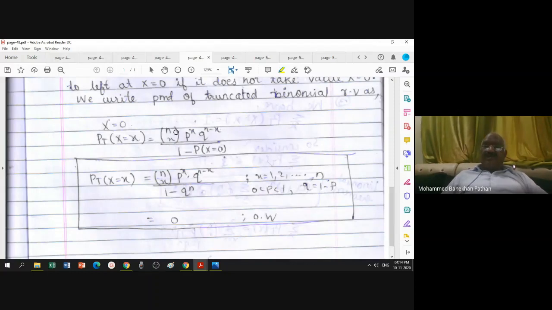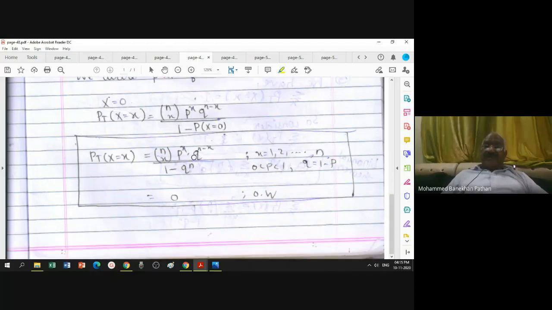In the numerator, replace x with 0. So nC0 is 1, p raised to 0 is 1, q raised to n minus 0 is q raised to n. So my formula for the truncated binomial distribution is P_T(X = x) = nCx p^x q^(n-x) divided by 1 minus q^n.